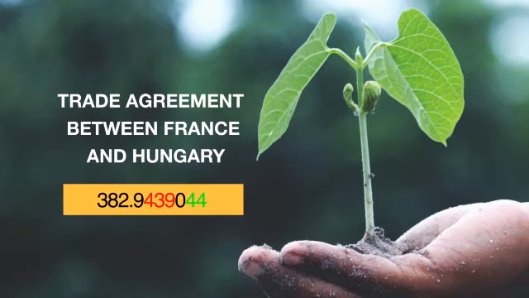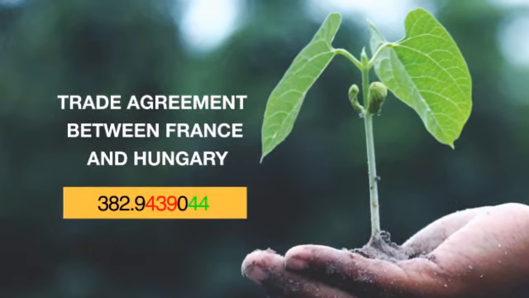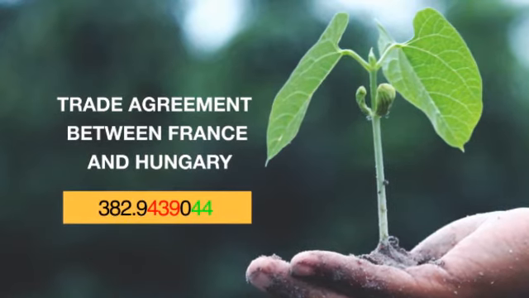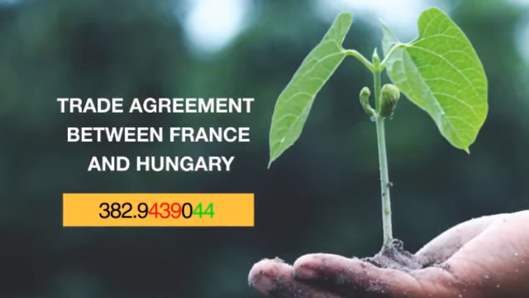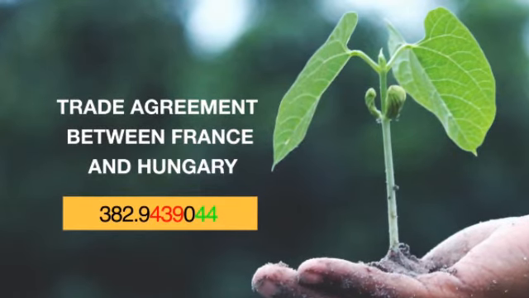And it says that when you are talking of trade agreement between two countries, again the rule is the same, that if one country is stressed, then you place the notation for that country first and the other country second, and in between the two countries there has to be a 0.